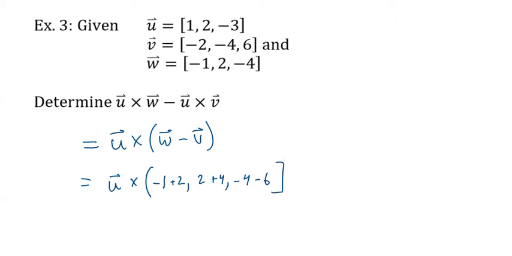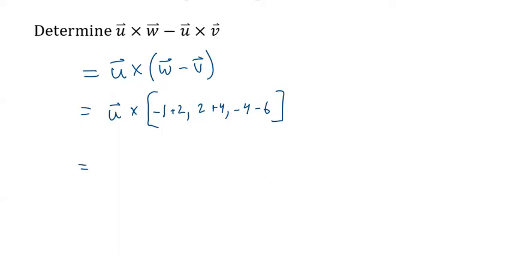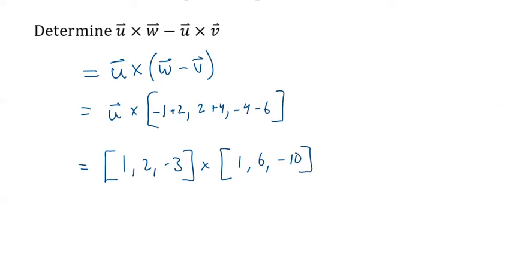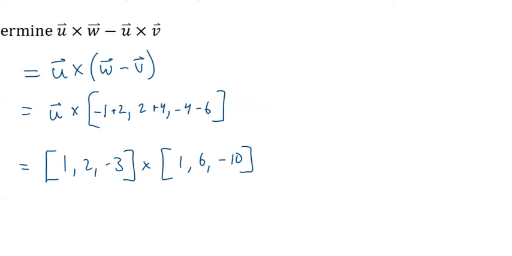This is a vector, sorry. Which will be U, which is 1, 2, -3, crossed with this result, which is 1, 6, -10. We good? You don't really have to copy me. I'm sure you can figure this out yourself. 2, -3, 1, 2, 6, -10, 1, 6.